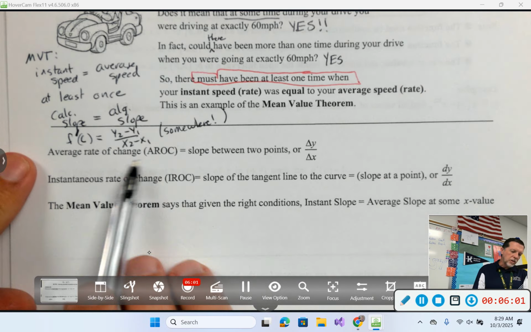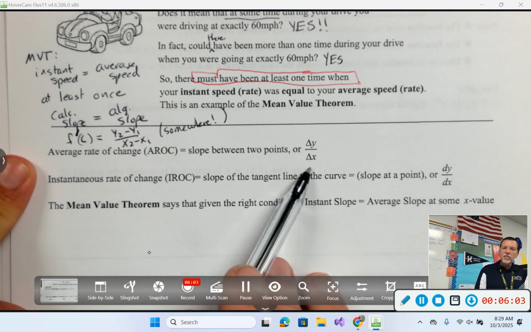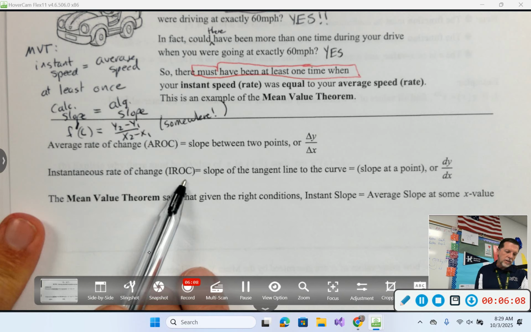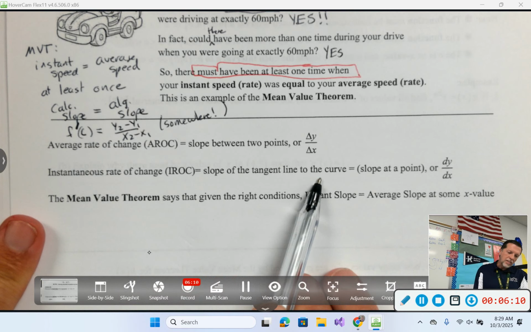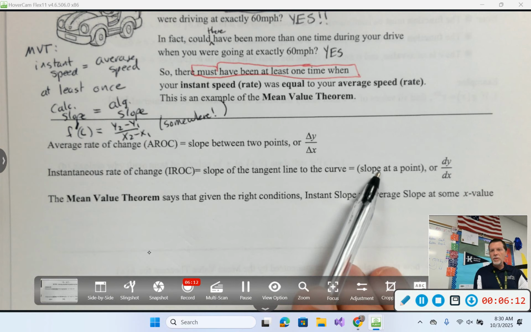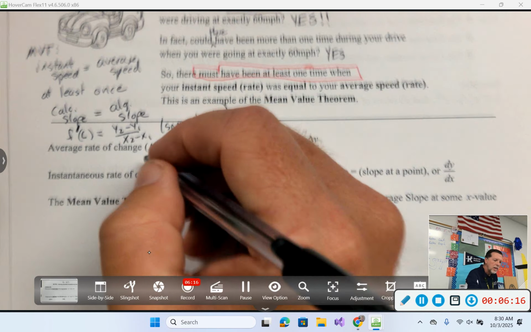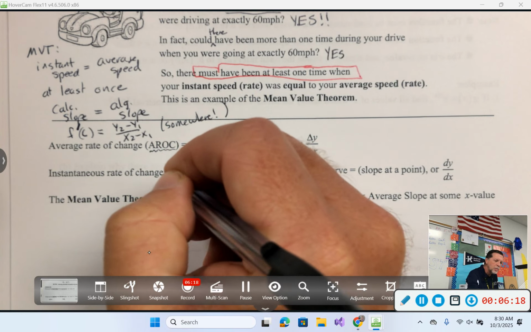So here's where we started with, average rate of change, delta y over delta x, that's the algebra slope. Instantaneous rate of change, slope of the tangent line, dy dx, slope at a point. All those words mean kind of the same thing. Be careful using abbreviations.